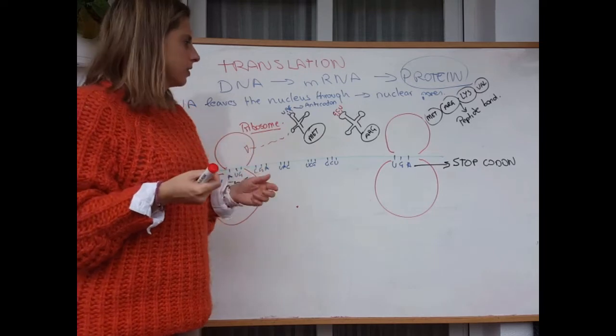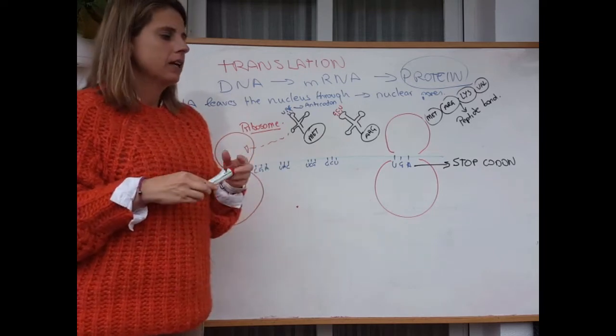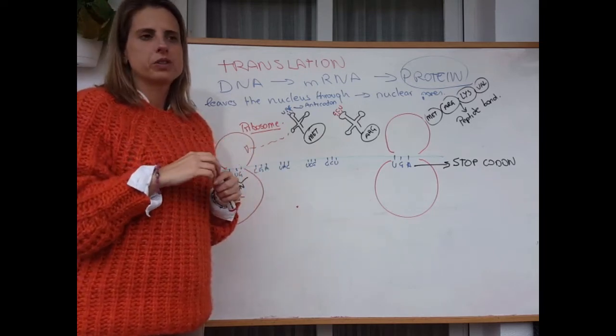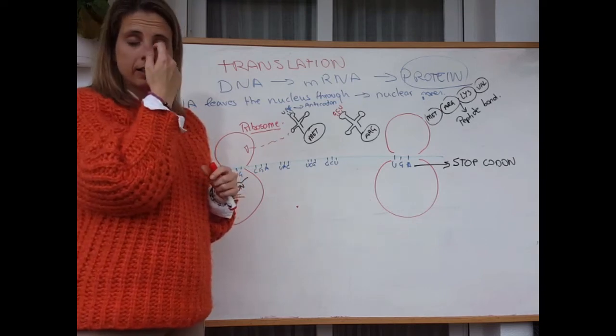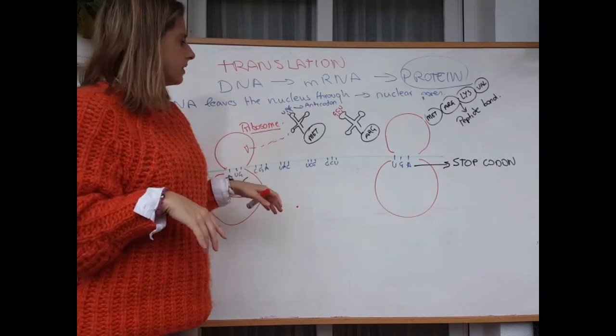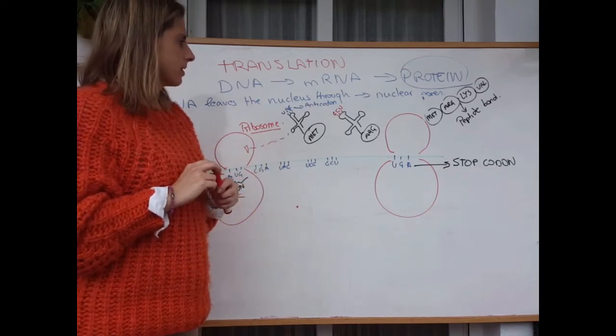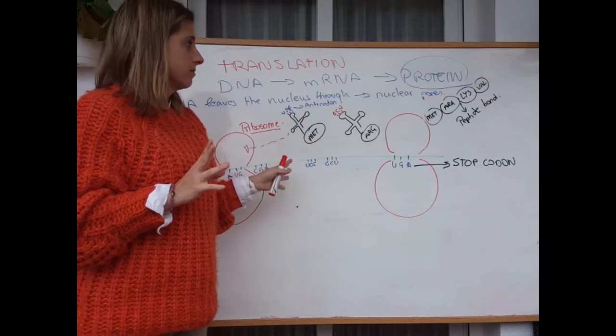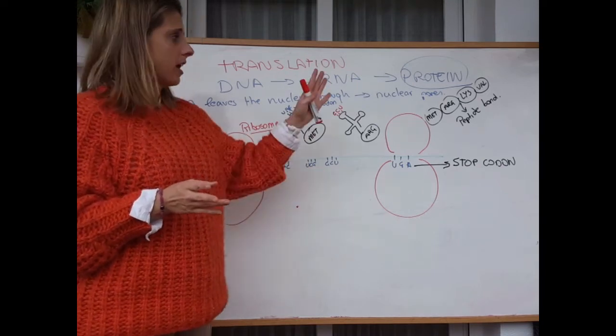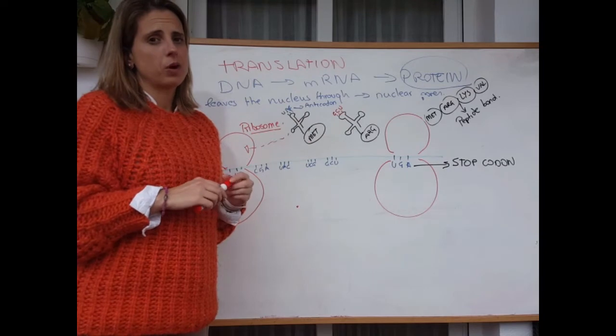So check this video 2 or 3 times, maybe. I think I will put some videos about translation that I have that are more visual, and I think that you will understand it. Okay, so this is it. This is translation and how we create a protein.